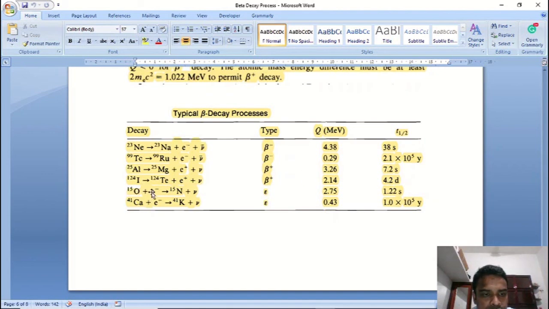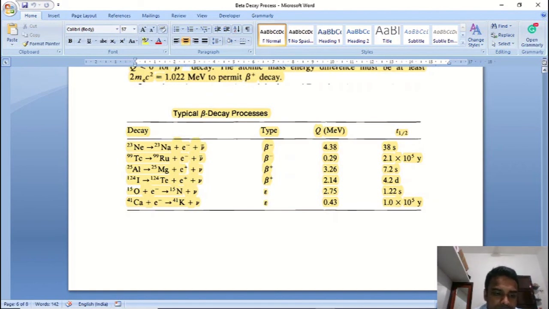Then 15O plus e minus to 15N plus neutrino; this is electron capture, represented by epsilon. Q is 2.75. It is possible, and compared to this it takes only 1.22 seconds. Then 41Ca electron capture to 41K, with neutrino emitted in the electron capture. The Q energy is 0.43. Compared to all these, this is less probable, and therefore it takes 10 to the power 5 years. Okay. I hope you have understood the beta decay process.